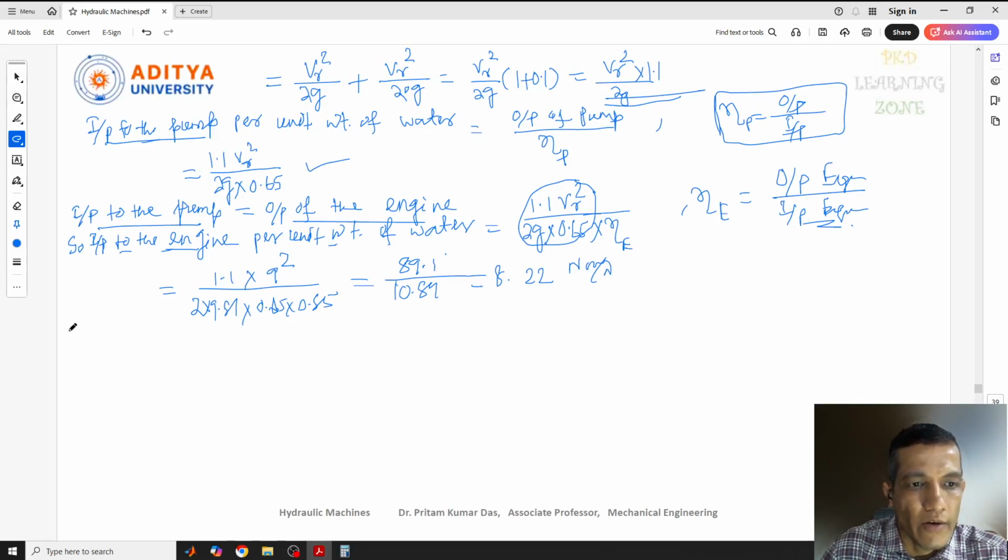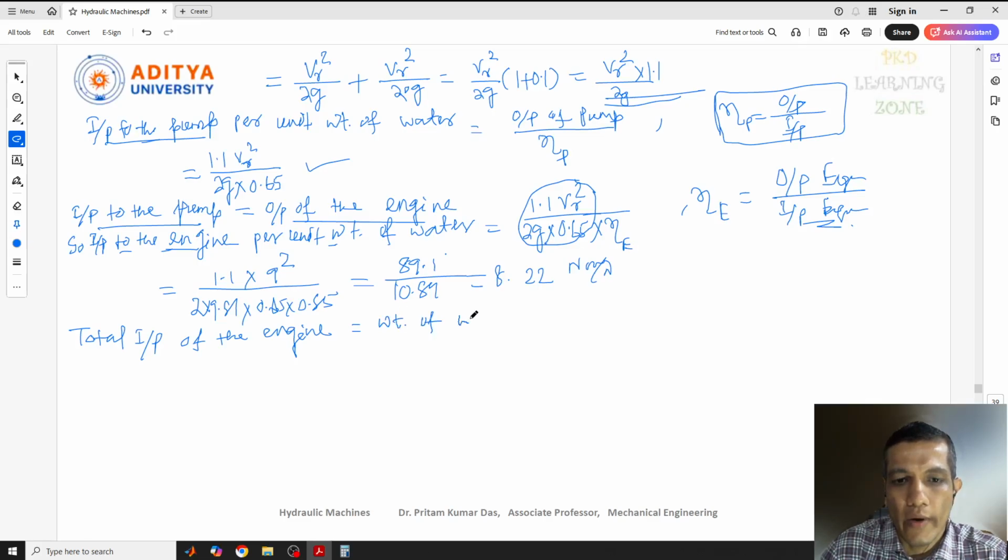Now again we need to find the total input of the engine. So the total input of the engine is nothing but the weight of water into the input per unit weight of water.